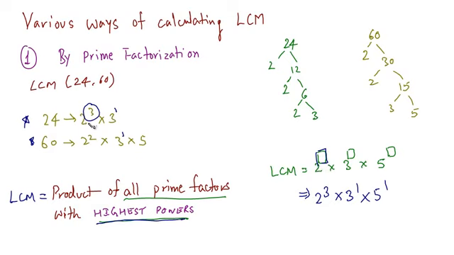So here the highest power of 2 is 3, so we have 2 raised to 3. 3 is 1, so that's why we have 3 raised to 1 and 5 raised to 1. And if we solve this further, this comes out to be 8 into 3 into 5. That gives us 120. So this is the LCM of 24 and 60. So that is how you calculate LCM by prime factorization.